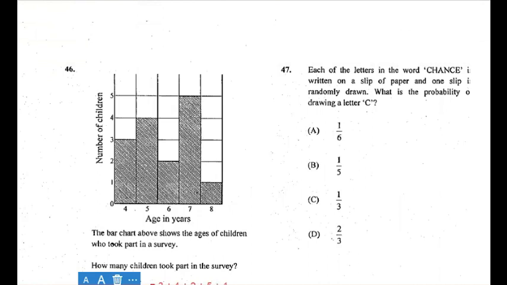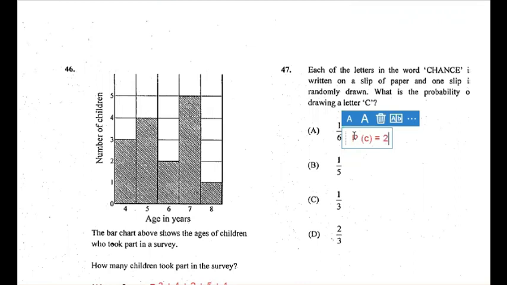So 47. Each of the letters in the word CHANCE is written on a slip of paper and one slip is drawn randomly. What is the probability of drawing a letter C? We're looking for the probability of drawing the letter C. It will be equal to the number of C's divided by the total letters.